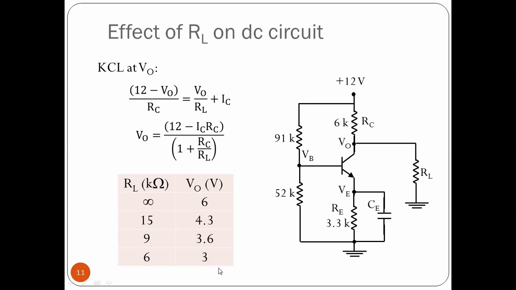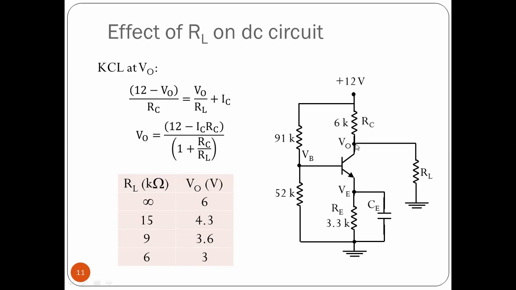Now this 3 actually, if you think about it, is not correct. The reason is that for our circuit, the emitter voltage was 3.3 volts, and as we had discussed last time, VO has to be at least 3.5 for the transistor to stay in the active mode.